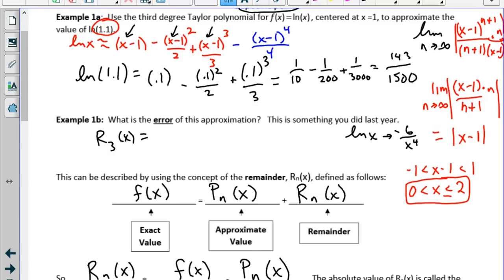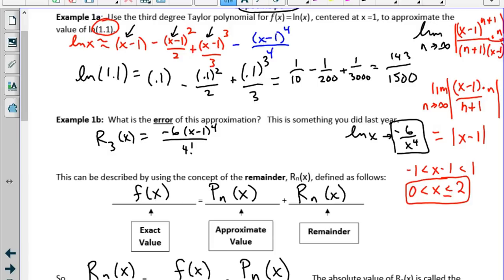But if I plug in anything bigger than 1, then this number gets smaller. So the maximum possible derivative between 1 and 1.1 for x, I sub in 1, and that's the maximum possible derivative. So the next term, with the maximum possible derivative, is 6 times (x minus 1) to the 4th over 4 factorial.